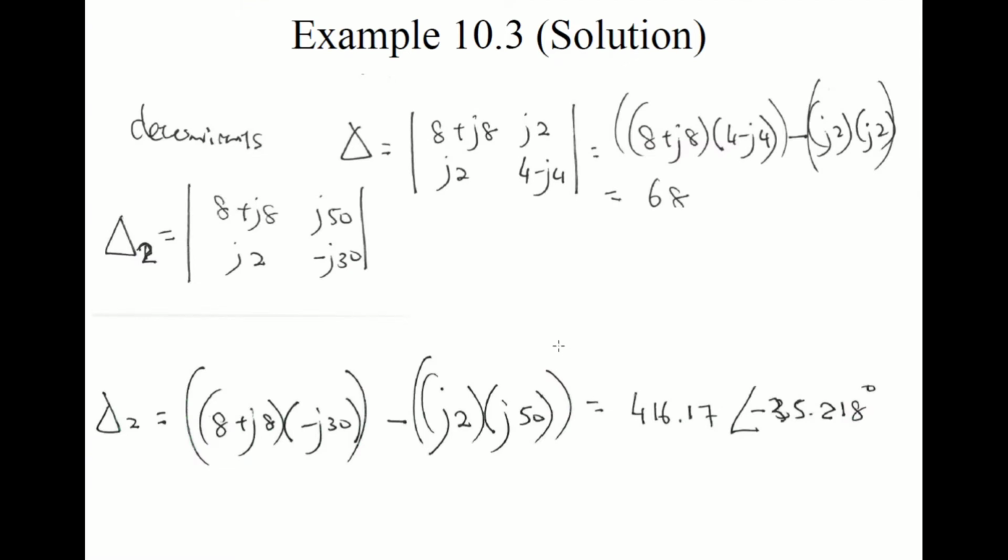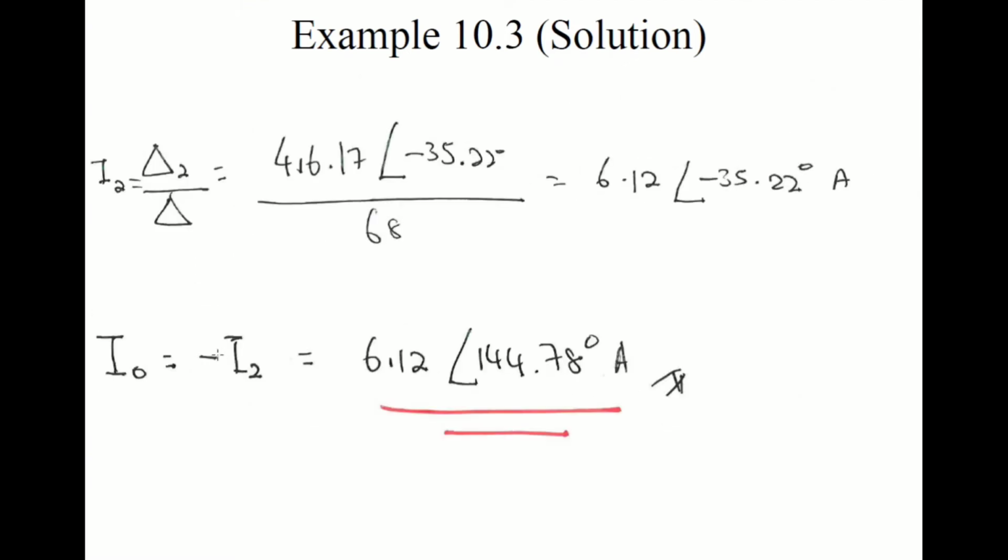Because we want to find I0, I0 is the opposite of the current flowing of I2, so negative I2, so we get this value if you use the calculator.